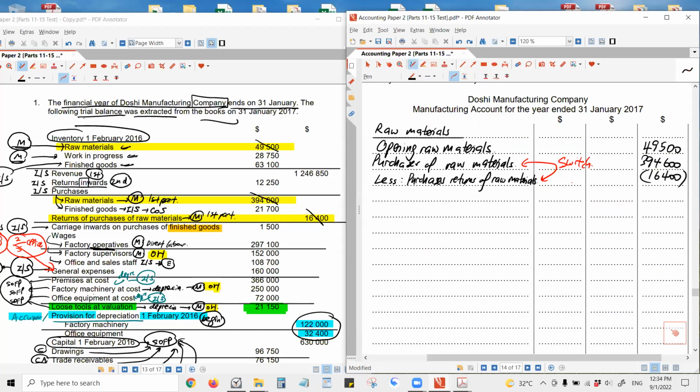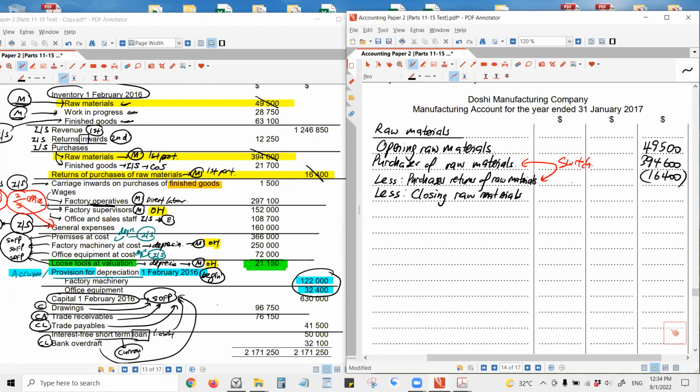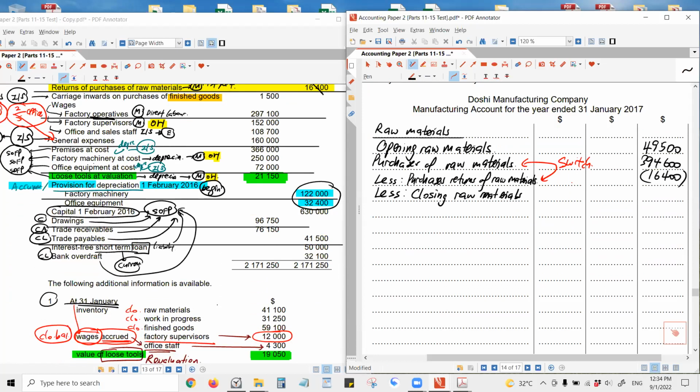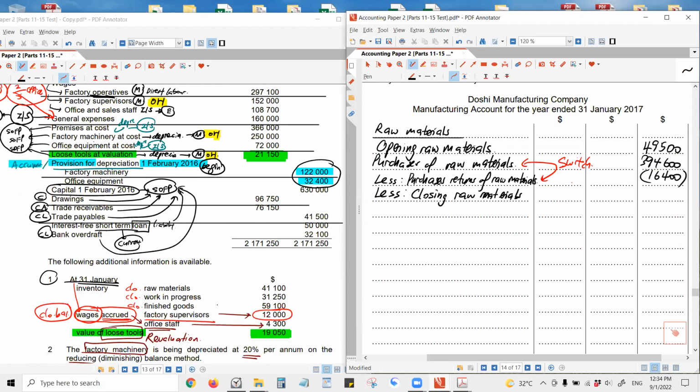Okay, then next thing is what? Let's write one more thing. Closing raw material. Where is it? It's in the additional info.